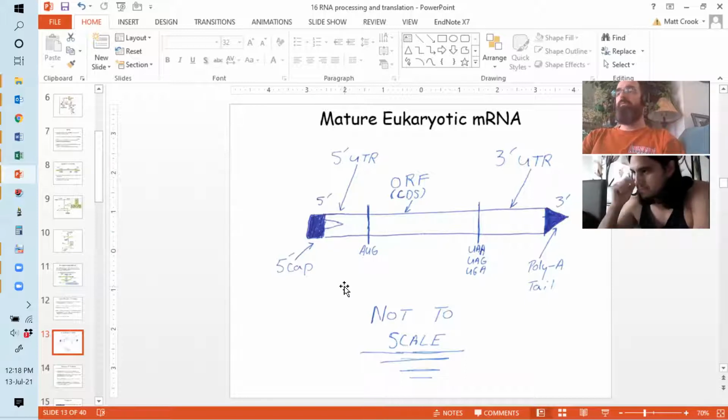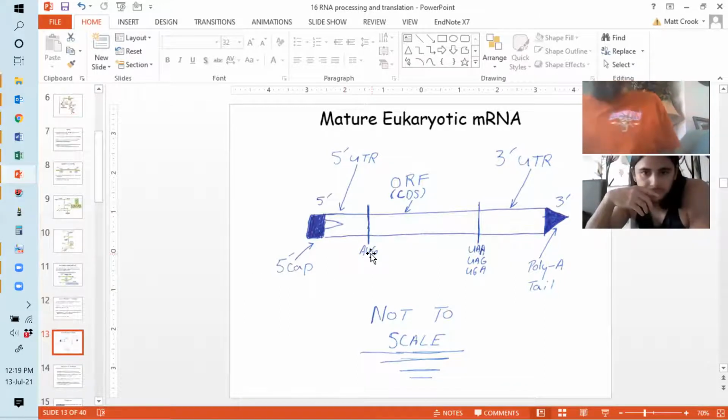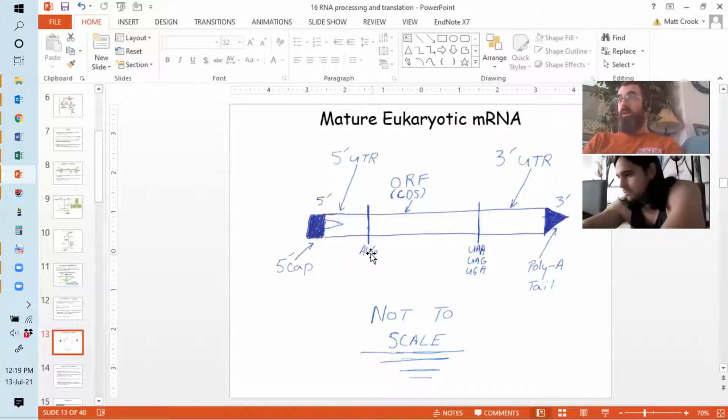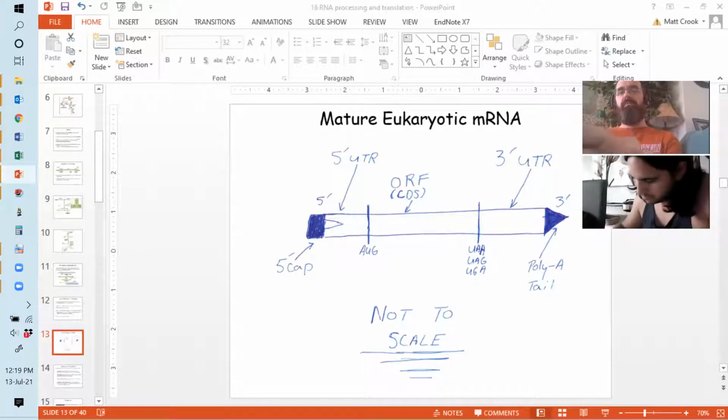We have a 5' UTR, which is also important in the initiation of translation, which we'll get to in a bit. We have our start codon, which is always AUG, and that goes for prokaryotes too. That encodes methionine.